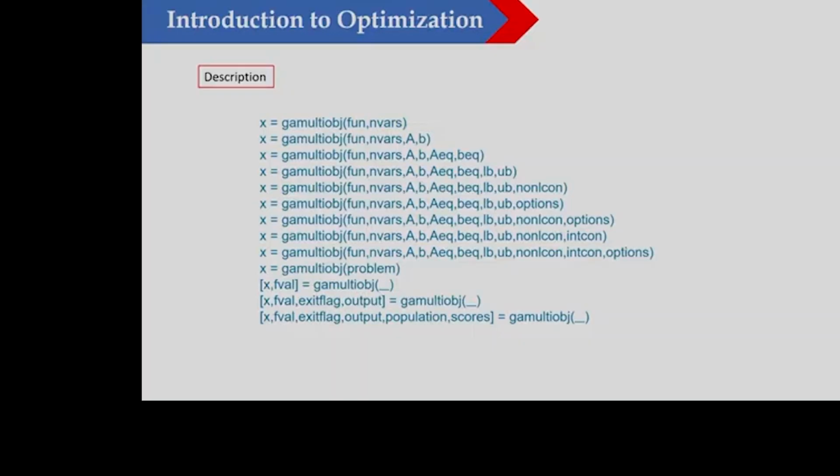So let us see the function that I will use for solving a multi-objective optimization problem with or without constraints. That function is gamultiobj. So this is the function and these are the arguments. Suppose I have to put the function here and the number of variables. These arguments are similar to the ga arguments or the fmincon function I have used.